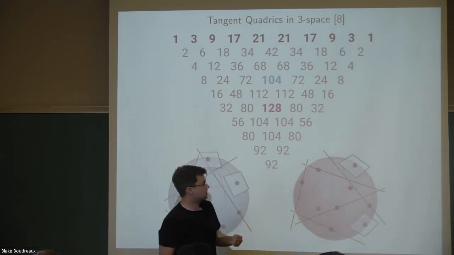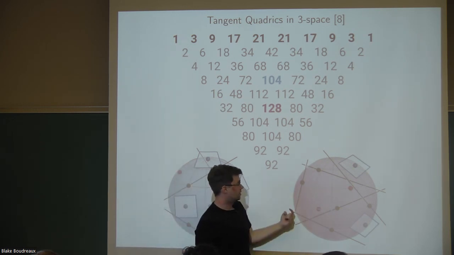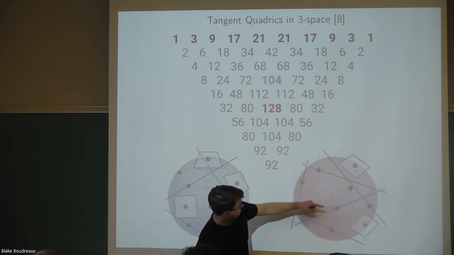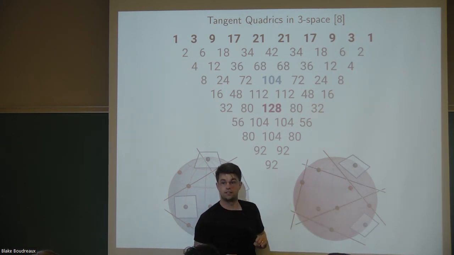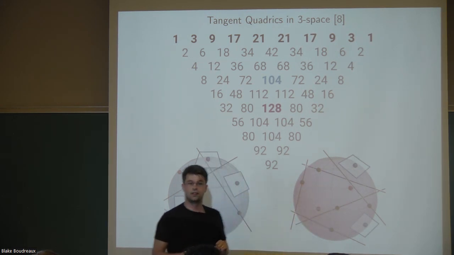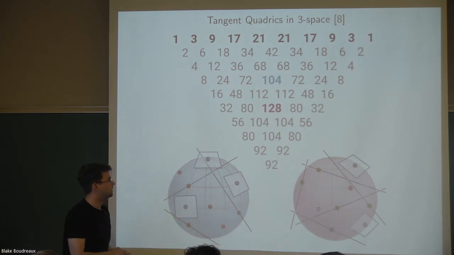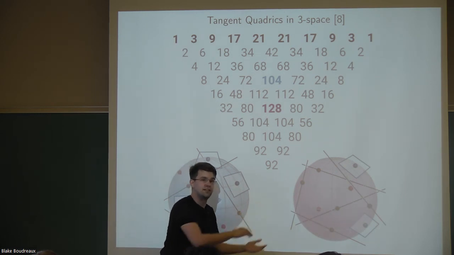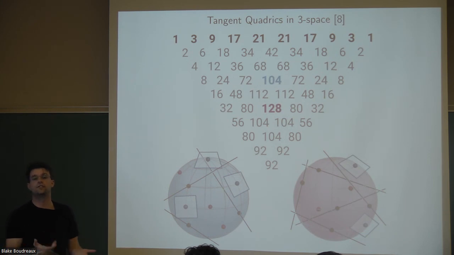And this problem asks, how many quadric surfaces in 3-space are tangent to 5 lines, go through 2 points, and are tangent to 2 planes. So these are like linear versions of this conic problem. These date back to Schubert. And our goal was to show that each of these have specific parameter values, i.e. points, lines, and planes, for which every solution is real. In other words, we wanted to show that all of these were totally real.